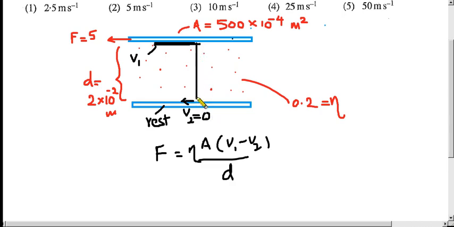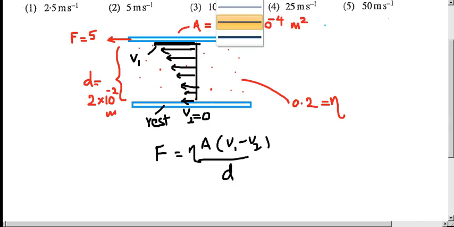So there are layers of this liquid like this, changing velocity linearly. Linearly means we can draw a straight line through these vectors like this. That is the shape.